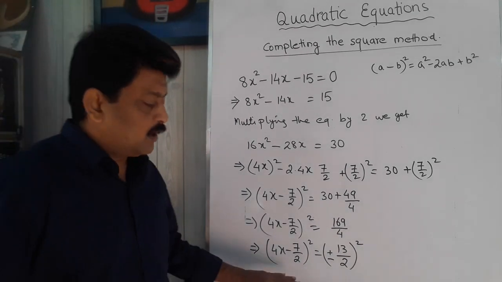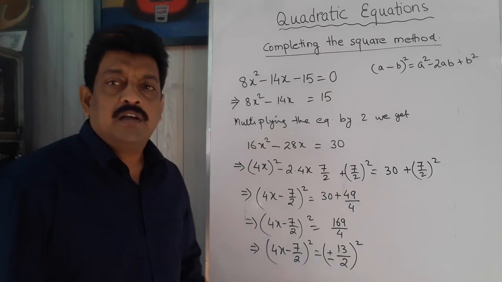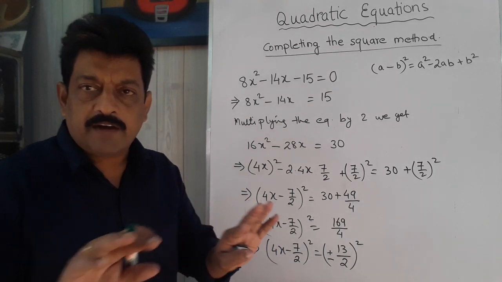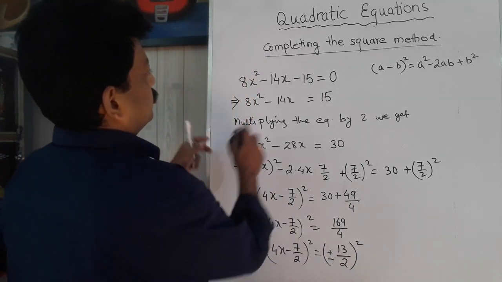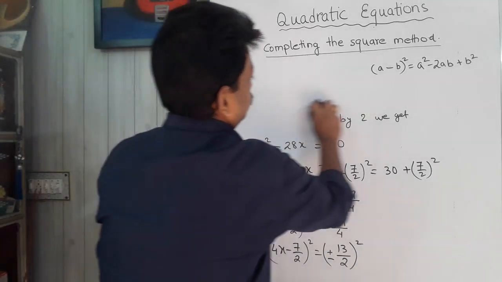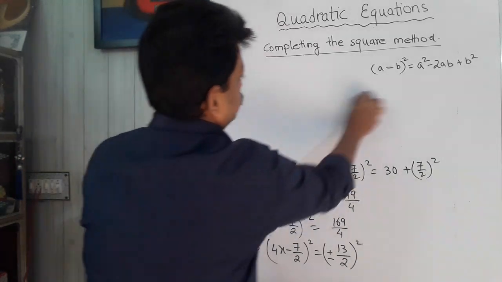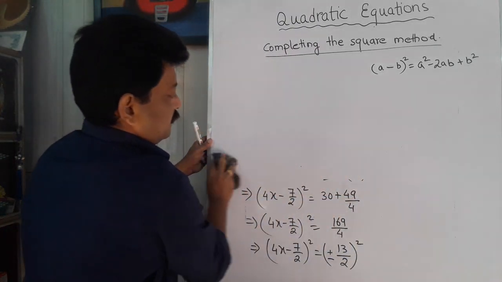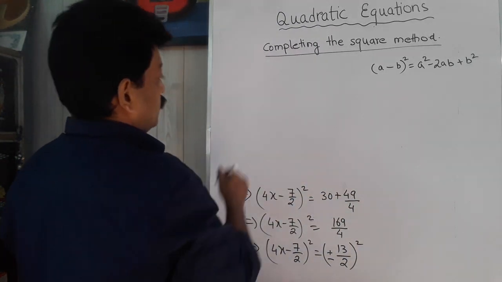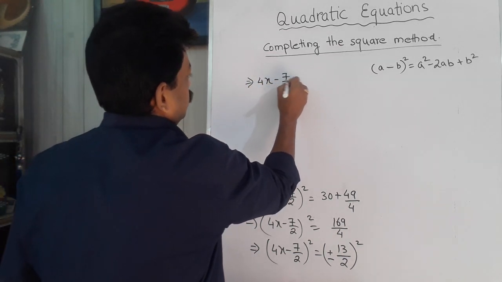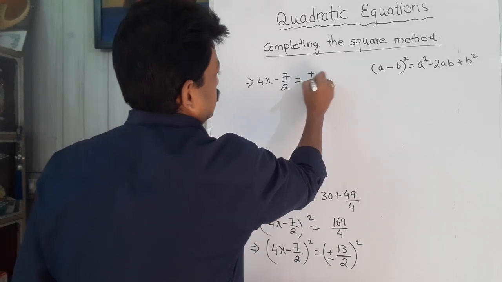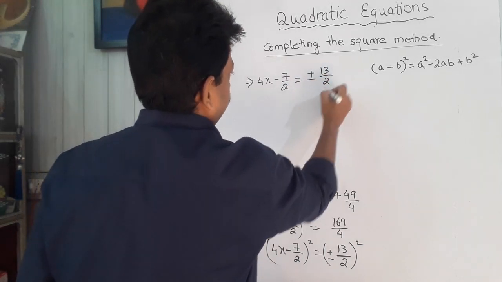Now the left hand side and right hand side both are in the form of a square. We have to remove the square from both sides. So it is 4x minus 7 upon 2 equals plus minus 13 upon 2.